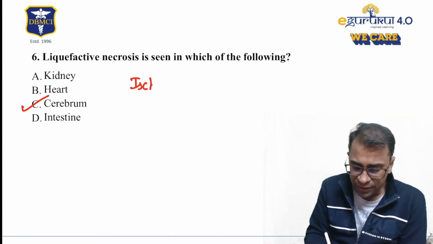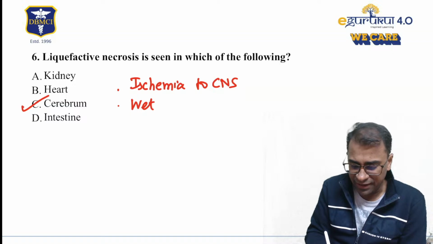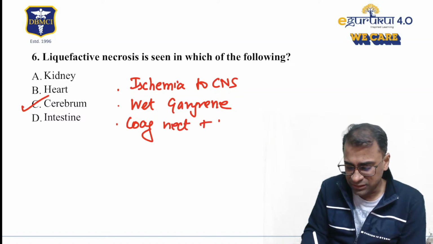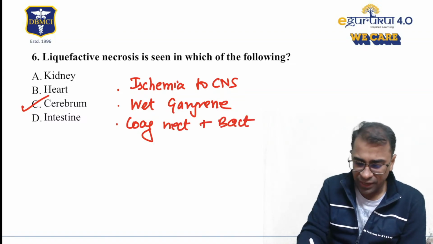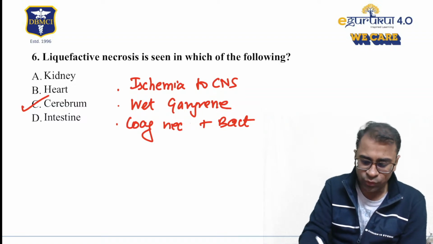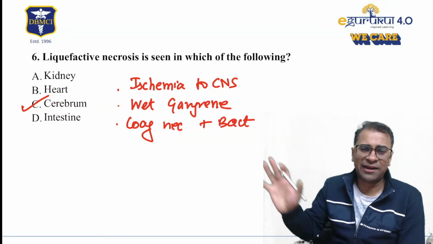Apart from ischemia to CNS, it also occurs in wet gangrene. It can also occur in any type of coagulative necrosis plus a bacterial infection. Any type of coagulative necrosis plus a bacterial infection will also undergo liquefactive necrosis. So here the answer is C. Very correctly answered.